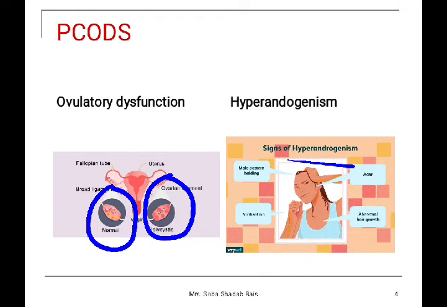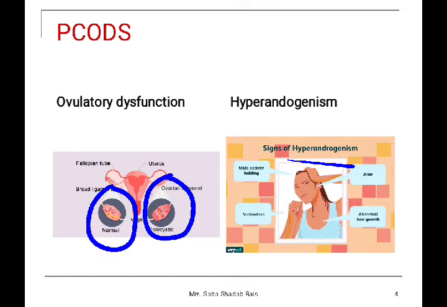Now, PCOS affected women are also at increased risk of dysfunctional bleeding. They are at increased risk of miscarriages. They are even at increased risk of endometrial cancer. They may have insulin resistance.